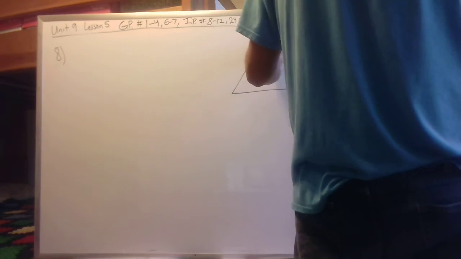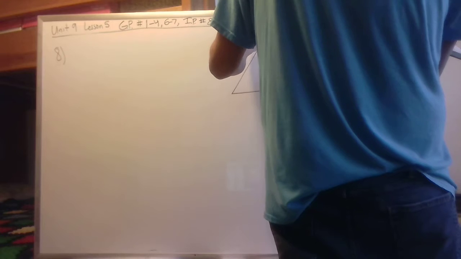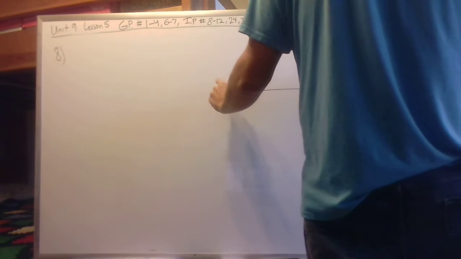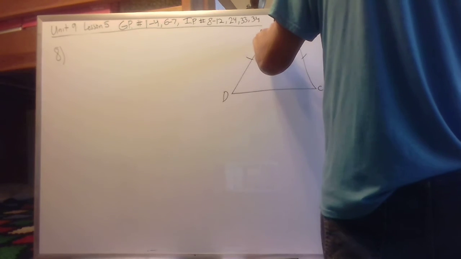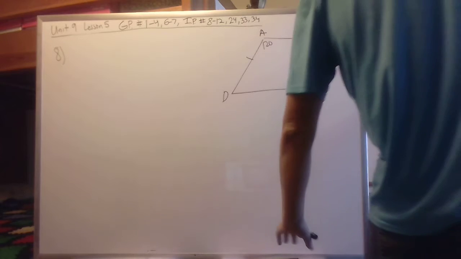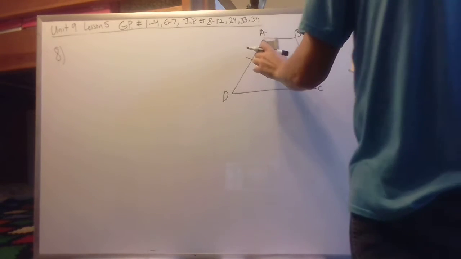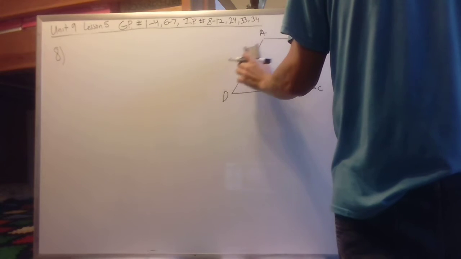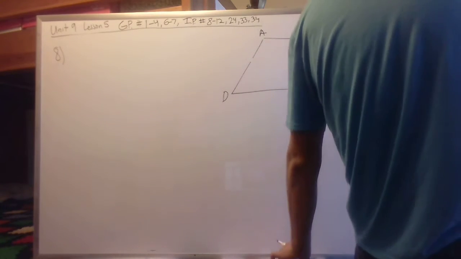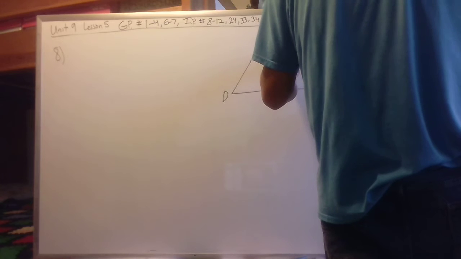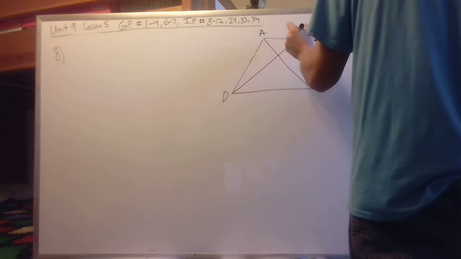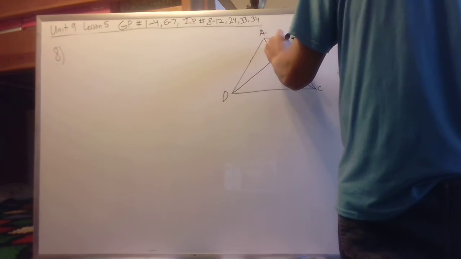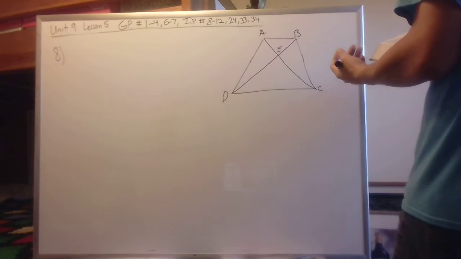It is a trapezoid labeled A, B, C, and D. We have diagonals connecting the opposite angles, and an intersection point at E of the diagonals.